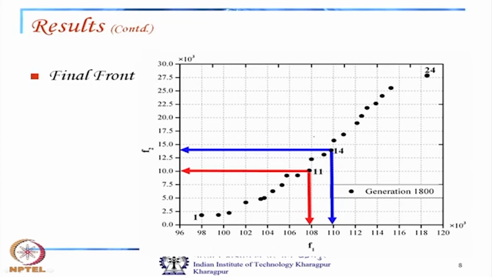One thing is that for point number 11 we have an F1 value which is less than our F1 value compared to 14, but it is having a better value for F2 compared to solution number 14. So, we can see that there is some kind of trade off between the solutions.